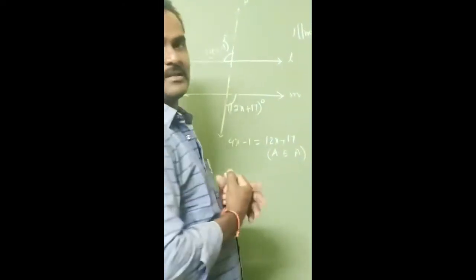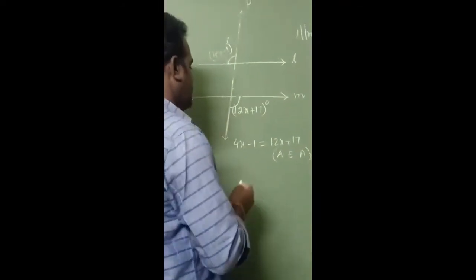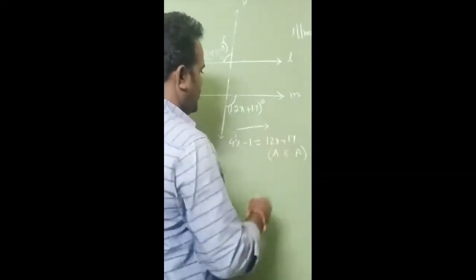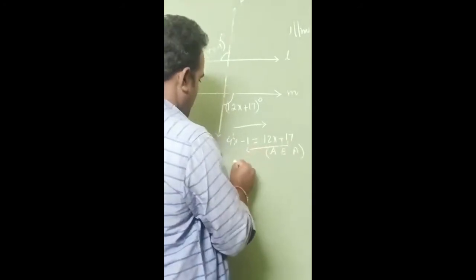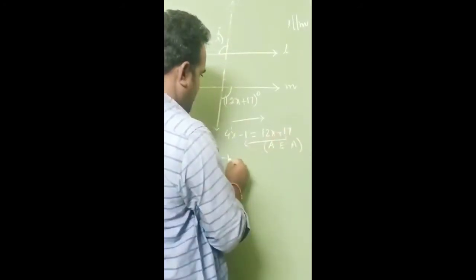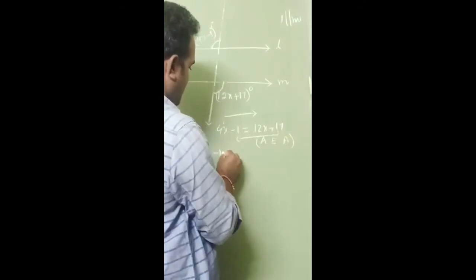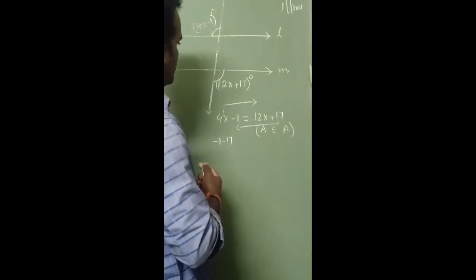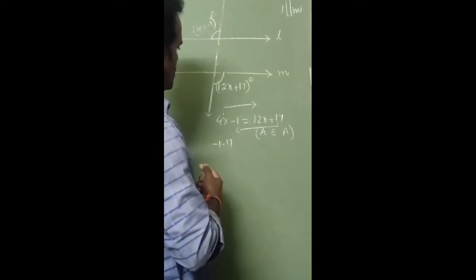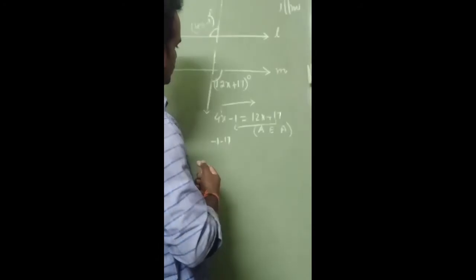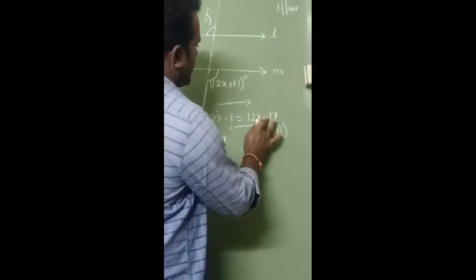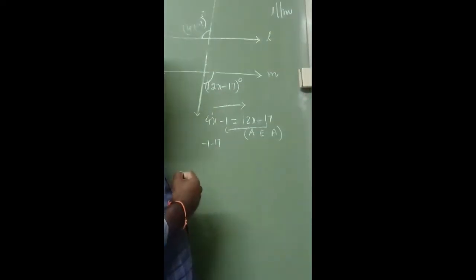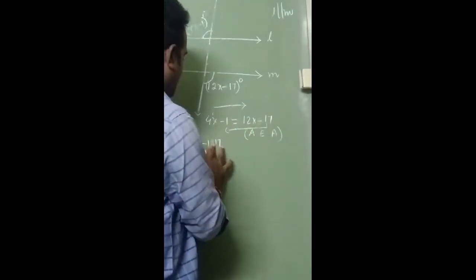Now see, take like terms on one side: variables on one side, constants on the other side. Here minus 1 is there, plus 70 on this side. When taking to the other side, the sign changes, so minus 70 goes to this side, plus 1.